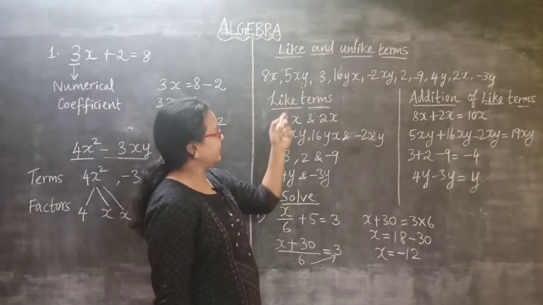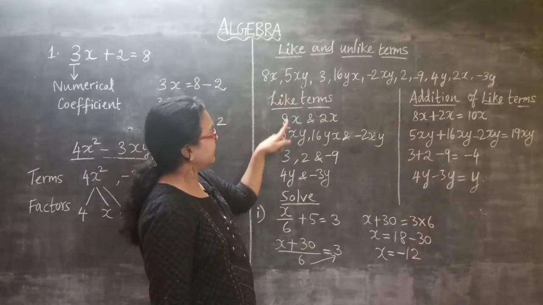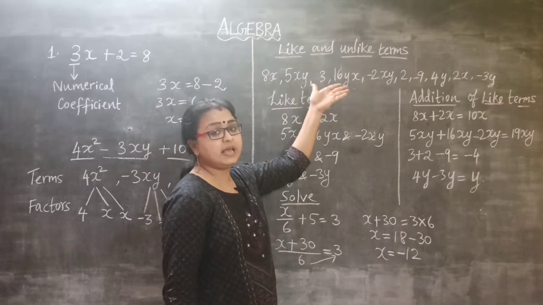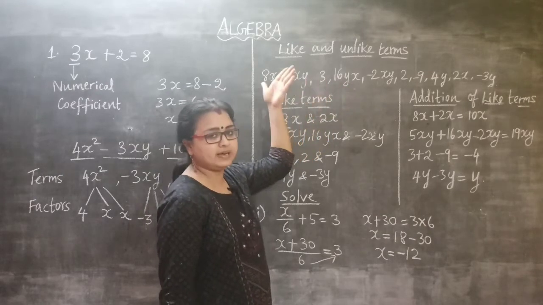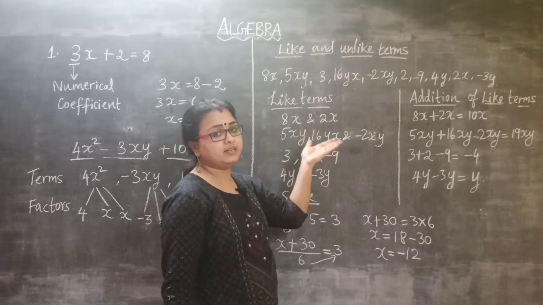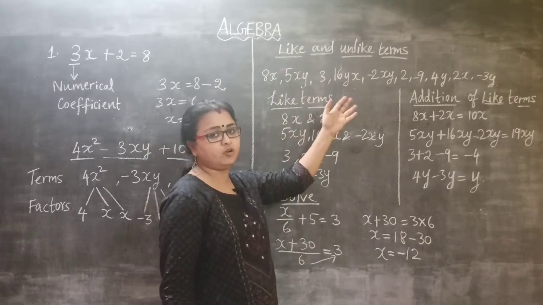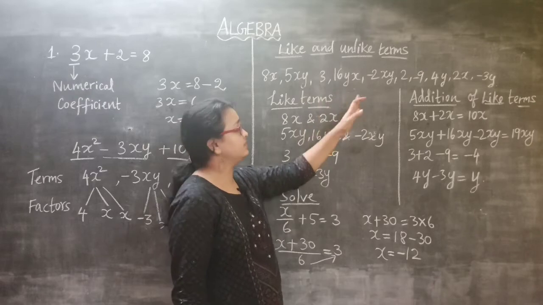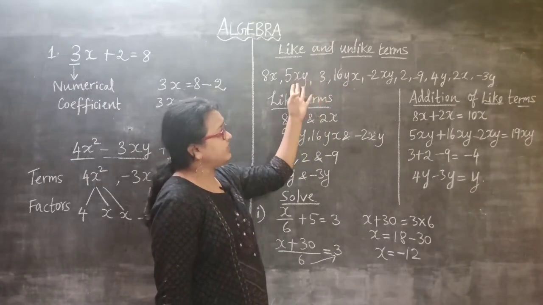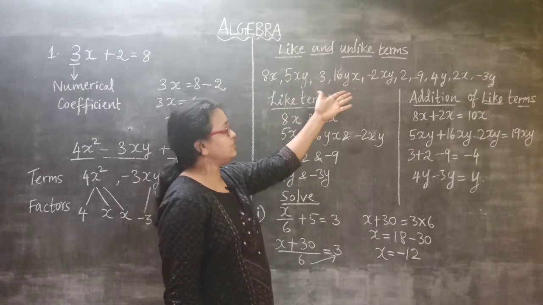Next one, 5xy. Along with that I am going to see which is matching with the same variables. When the variables are same, we call them like terms, and even separate constants are called like terms. Now 16yx and 5xy, are these both same? Yes. Why?